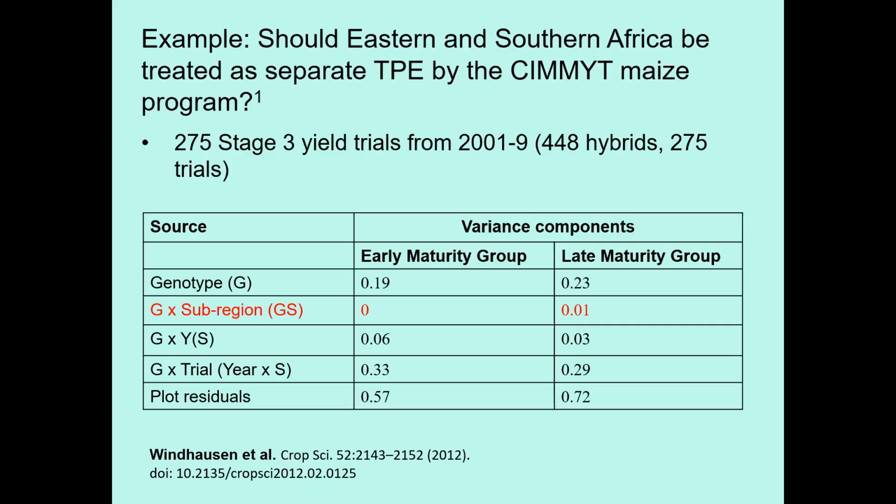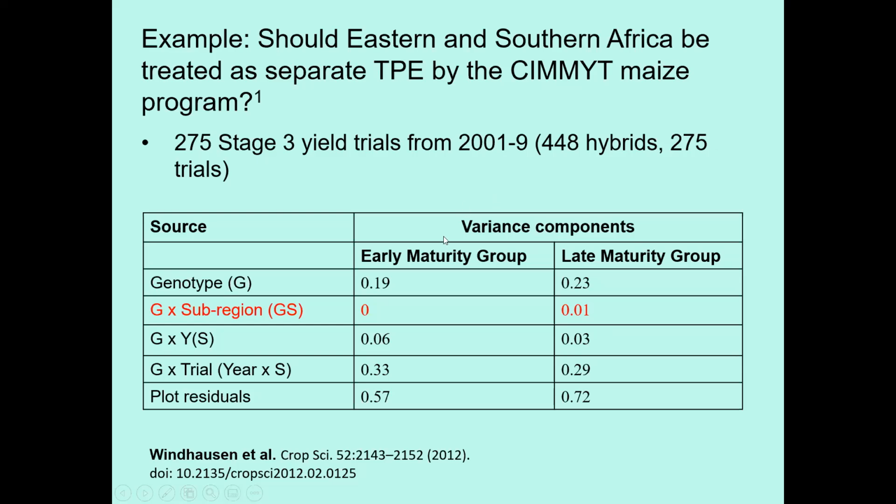Quick example, this is from an analysis conducted by Vanessa Windhausen, published in Crop Science in 2012 for her PhD at CIMMYT. She tested the hypothesis as to whether Eastern and Southern Africa should be treated as separate TPEs by the CIMMYT Maize program. She looked at 275 stage 3 yield trials from 2001 to 2009, a large number of hybrids and trials.